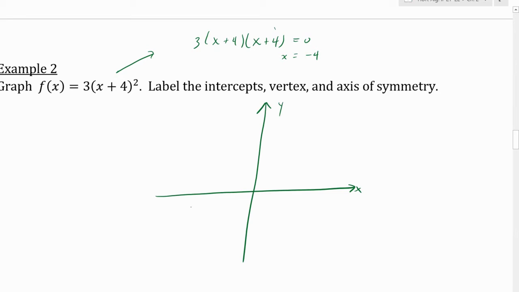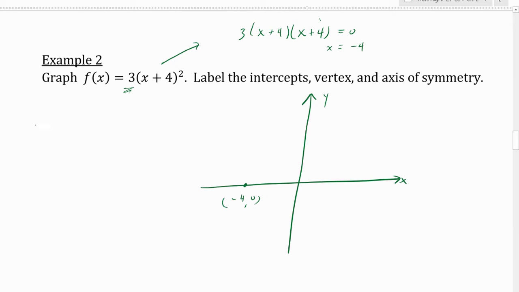So if it only has one x-intercept, that means it has to just touch the x-axis right there. And it's going to open up. We can get a y-intercept. Ooh, it's going to be way up there. It's going to be all the way up at 48.